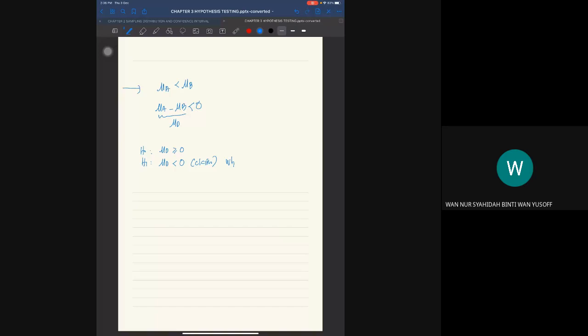Mu D is mu A minus mu B. So based on this, we know the data difference must be after minus before. We have to follow the hypothesis. So do not jump to the data difference yet. You have to formulate your hypothesis first, and based on the hypothesis, we know which one minus which one.